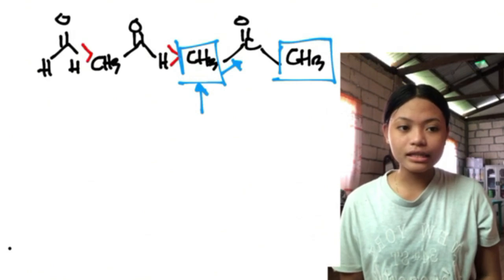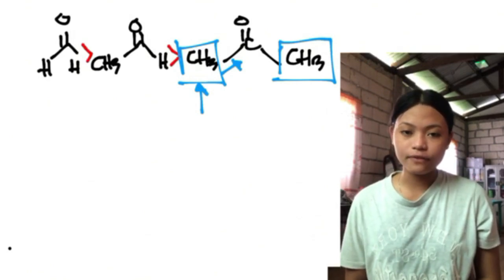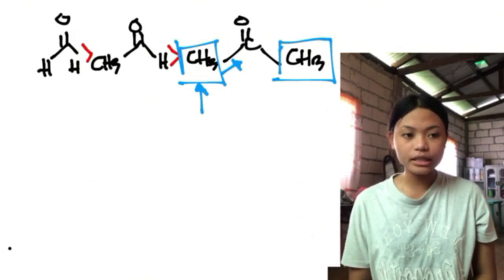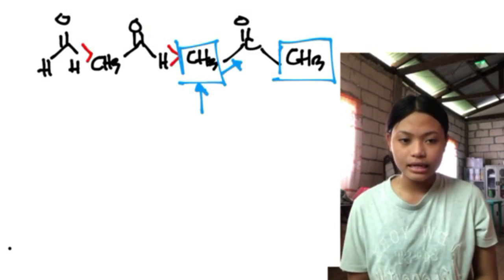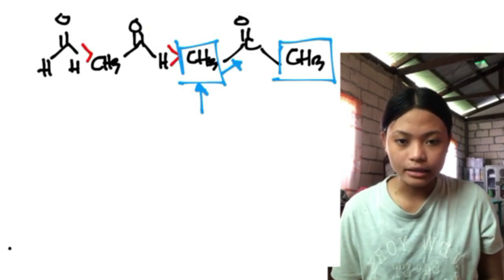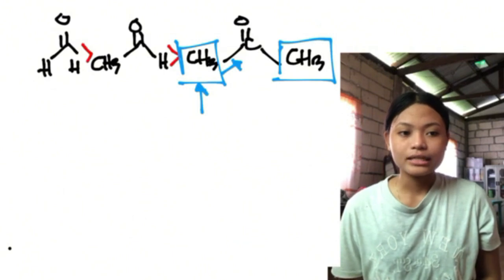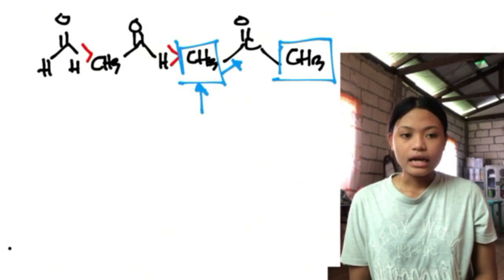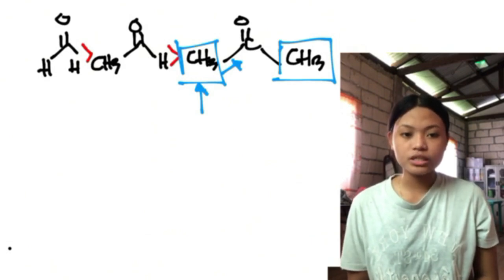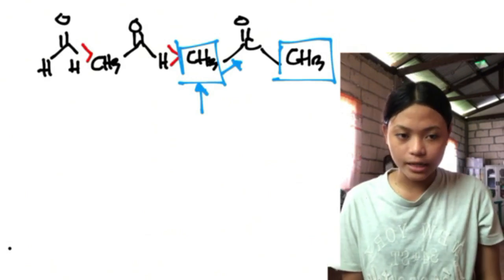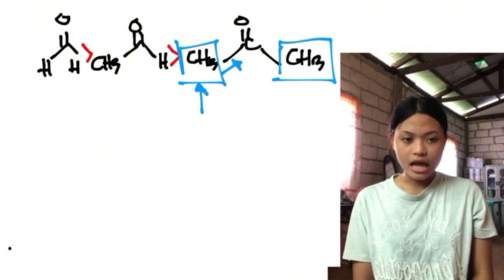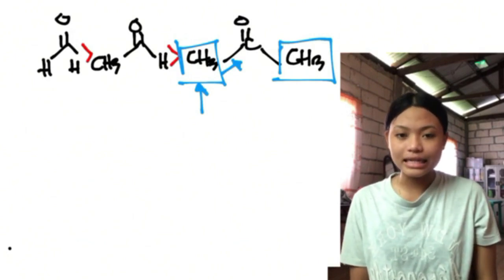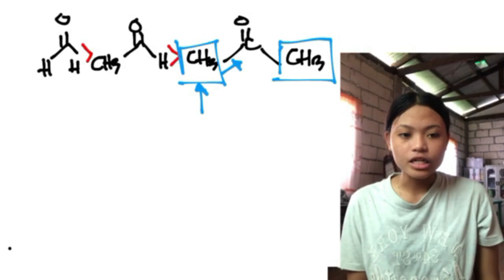So they donate electron density to the electrophilic carbonyl group, making it less electrophilic, and so that's why ketones are less reactive than aldehydes, due to steric effects of the CH3 groups and also the fact that they donate electron density to the carbonyl group.